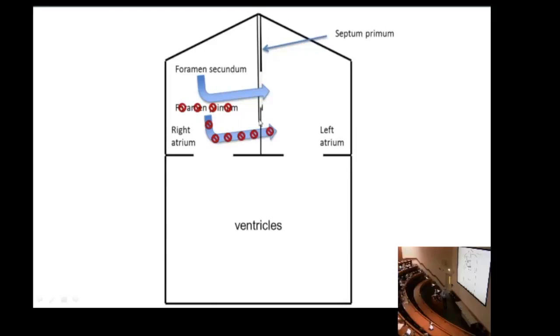Now remember what I said about the foramen primum, or the septum primum, that it's a little more flexible. It doesn't matter so much up here because this part's just going to fuse to the second septum. But this one is going to be pushed over and back each time the heart beats.